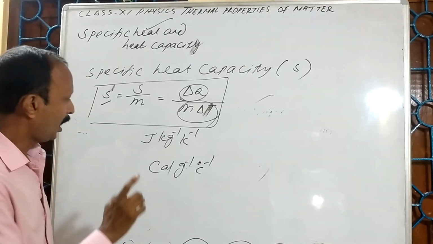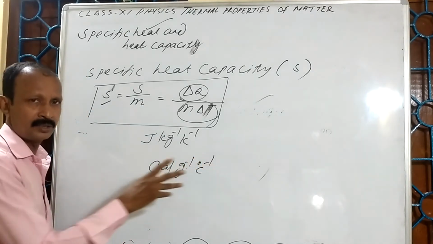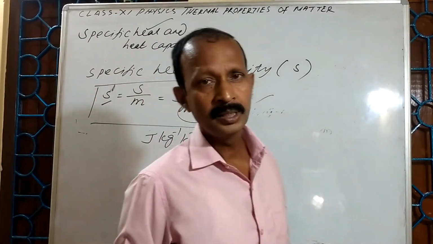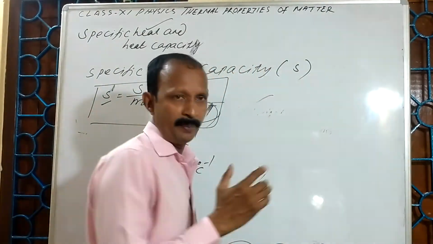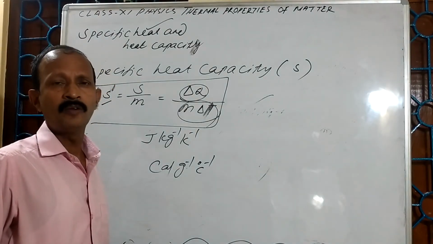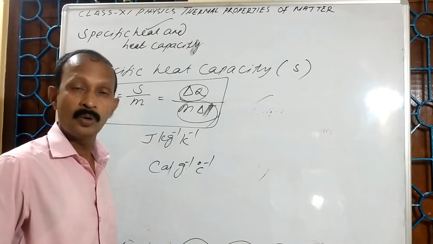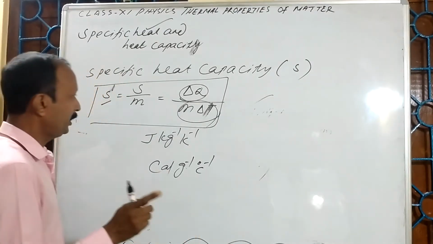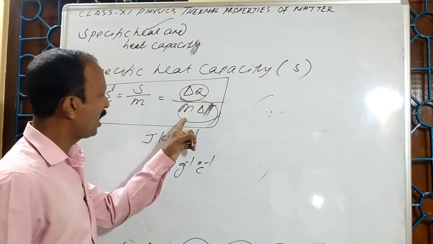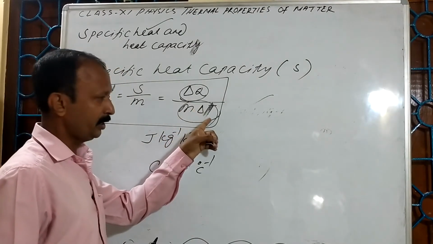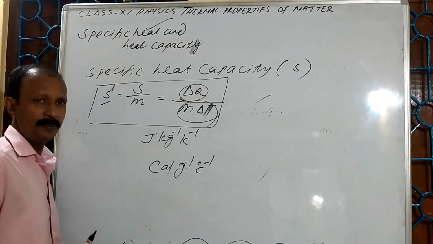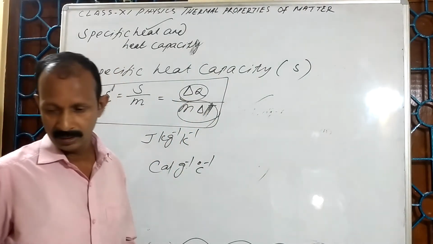I said that I took the iron of different mass, but to raise the same temperature, it absorbed an equal amount of heat energy. Okay, so the quantity of heat energy required to change the temperature of unit mass of a substance per unit degree Celsius is called the specific heat capacity.